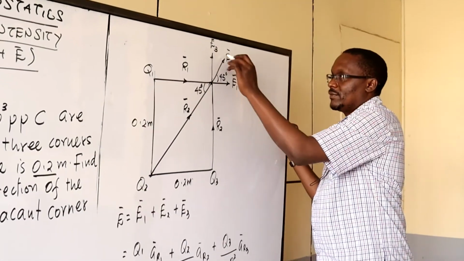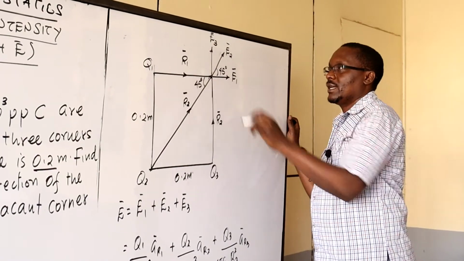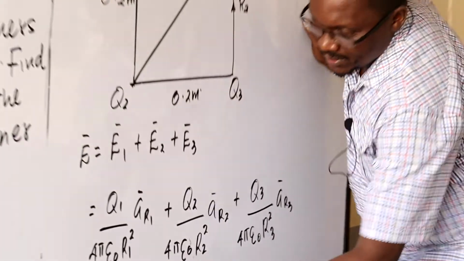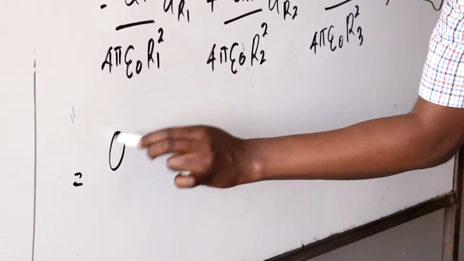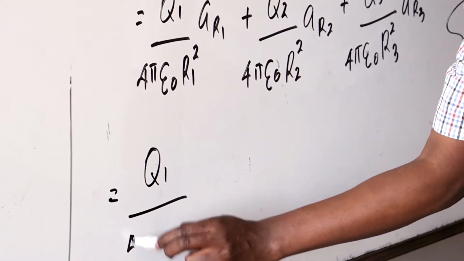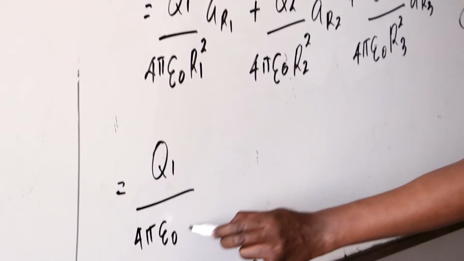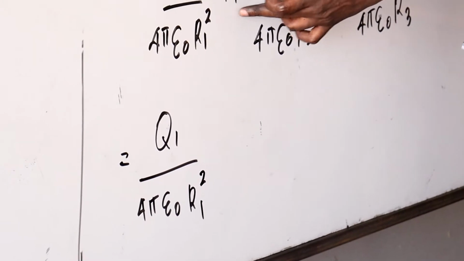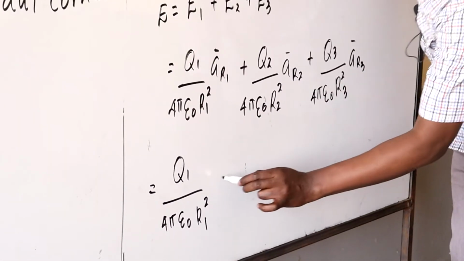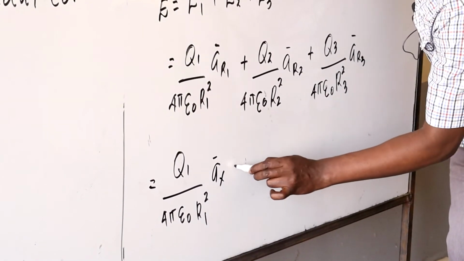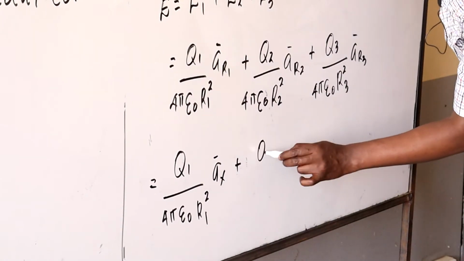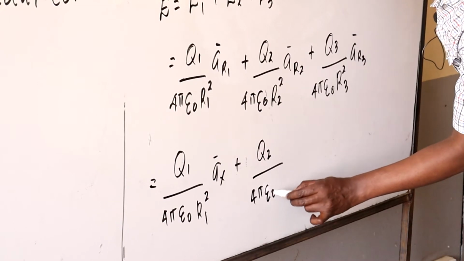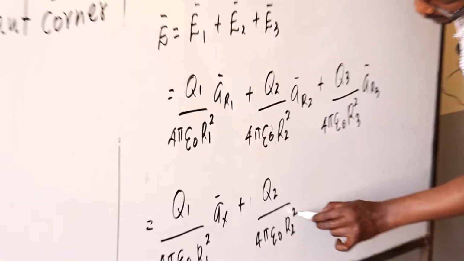If we resolve that along the x and the y axis, we can have our values for this. So this we can just have as still Q1 over 4 pi epsilon naught R1 squared. Now instead of AR1, because it's along the x-axis, this value will just be AX bar, plus Q2 all over 4 pi epsilon naught R2 squared.